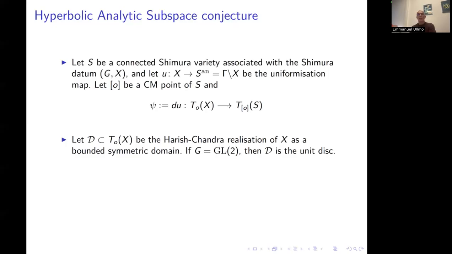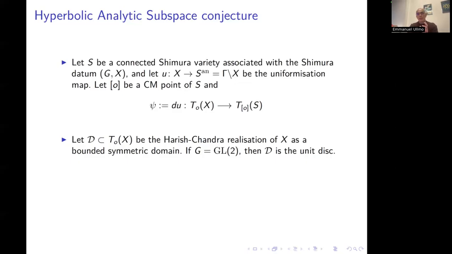The simplest case, if you want, is that for GL2, instead of taking the upper half plane, you take the unit disk. But in general, for example, you can have the unit ball in C^n associated to U(n,1), or I will describe for abelian varieties maybe a moduli space of abelian varieties.